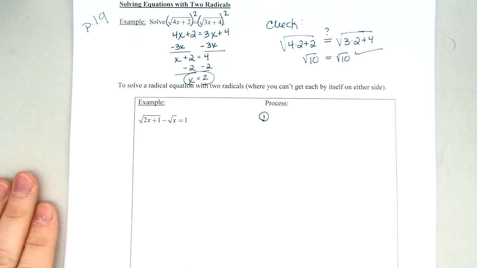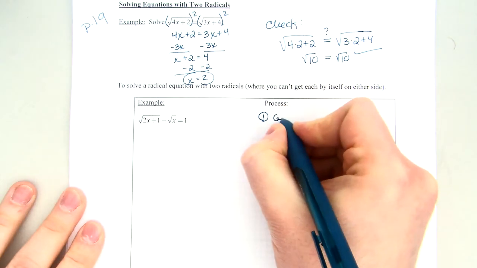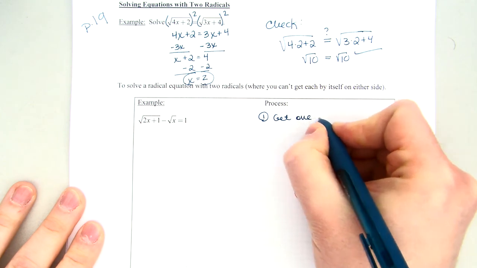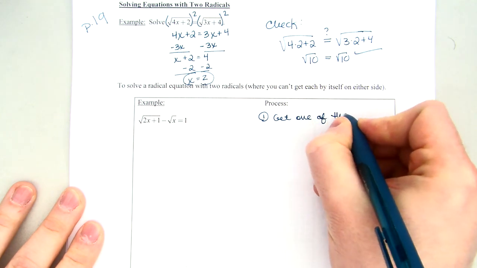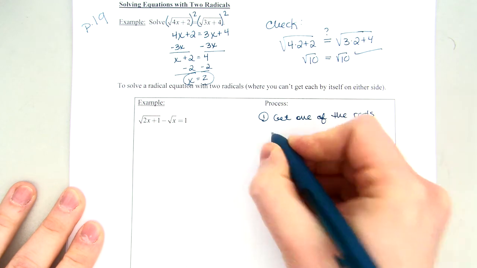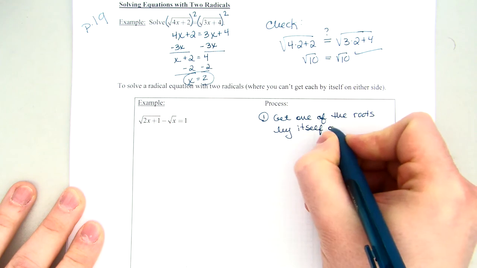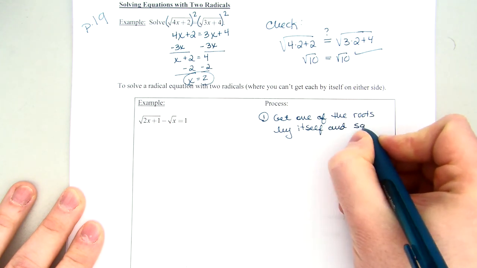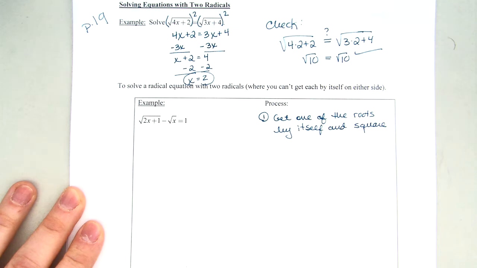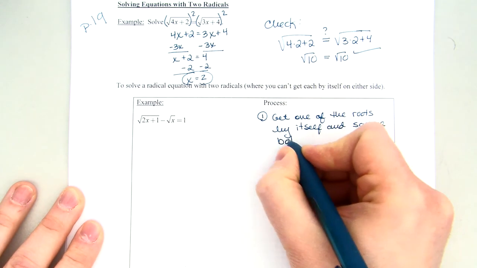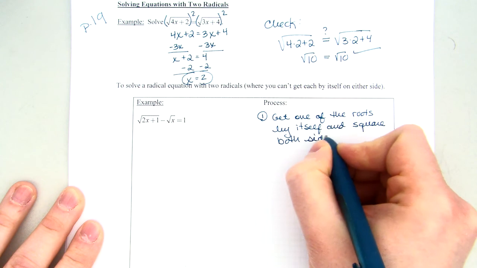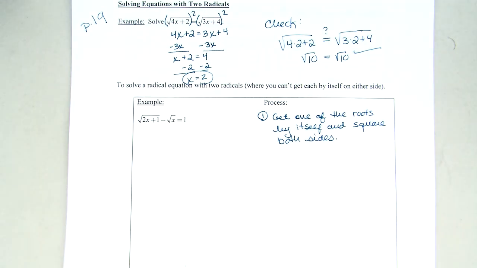First thing we need to do, get one of the roots by itself and square both sides. We're going to get one of the roots by itself, and we'll square both sides.